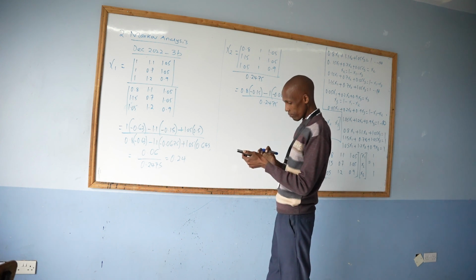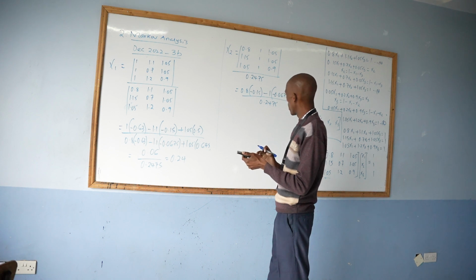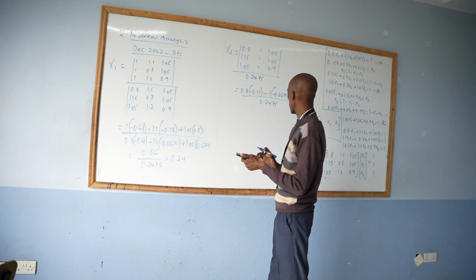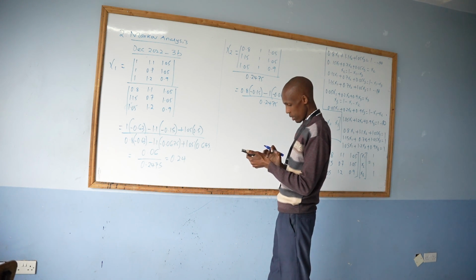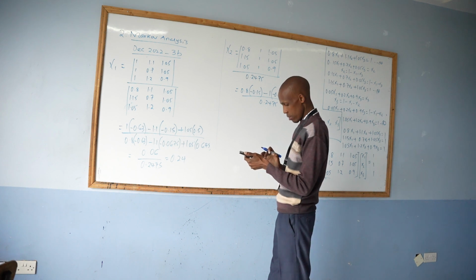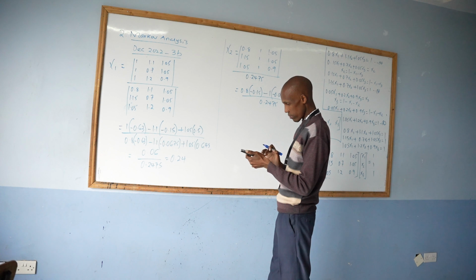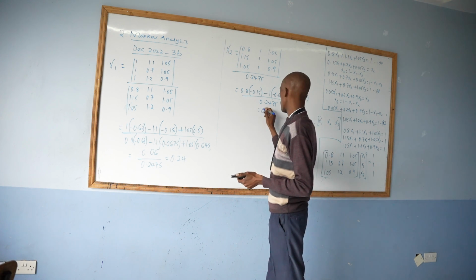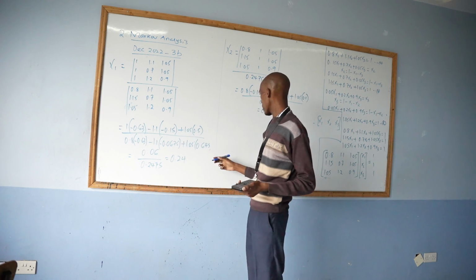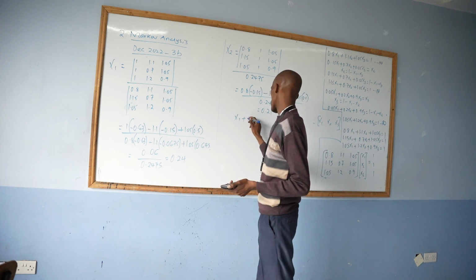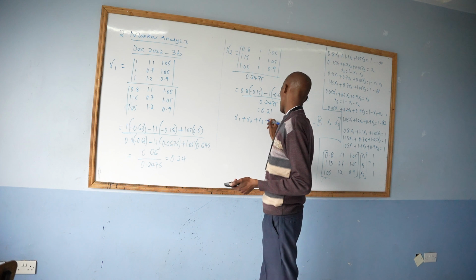Then you divide by 0.2475. 0.8 in bracket negative 0.15 minus 1 in bracket negative 0.0675 plus 1.05 in bracket 0.1. Then you divide by 0.2475, you get 0.21. So at least you have x1, you have x2. Remember we have said x1 plus x2 plus x3 equals 1.